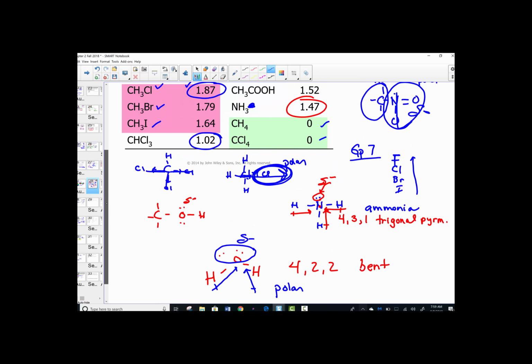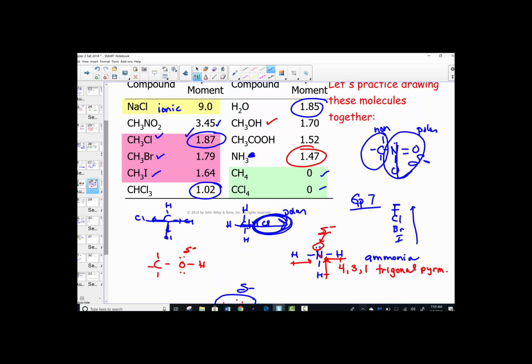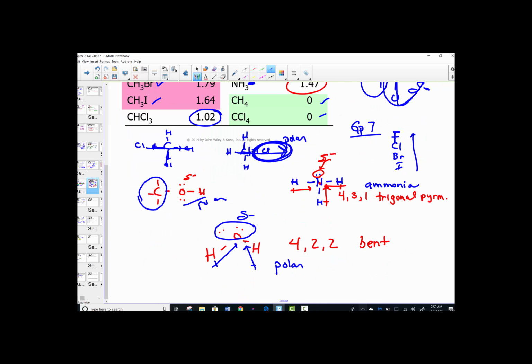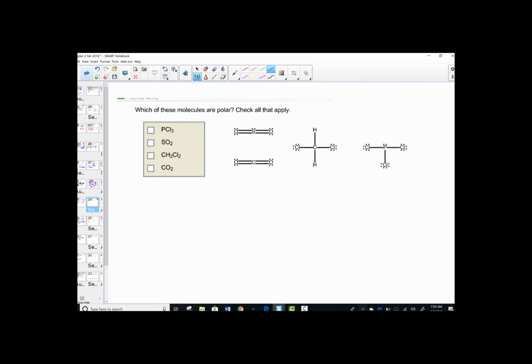More polar so far even than the methanol, because this region over here is nonpolar. Here's the polar region, and so we see that water, just based on it being a smaller molecule, would be more polar than methanol.